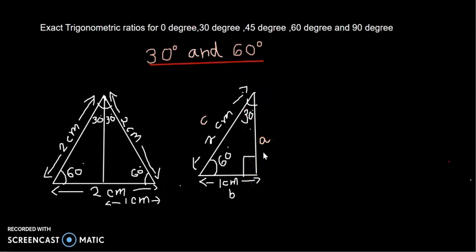We are going to find it by the Pythagoras theorem. The Pythagoras theorem states that in a right angle triangle, the square of the hypotenuse is equal to the sum of the squares of the other two sides.